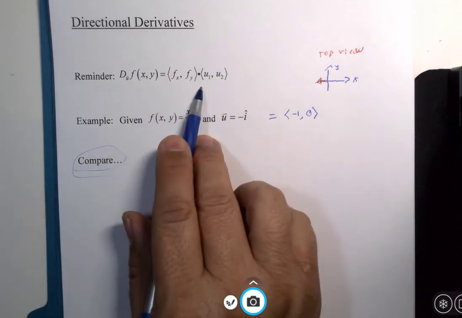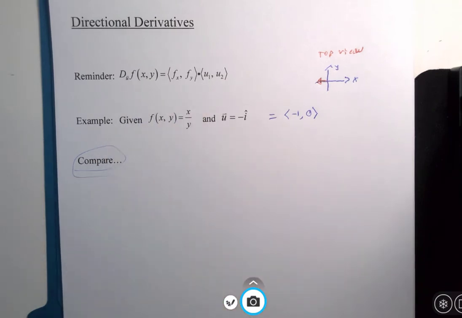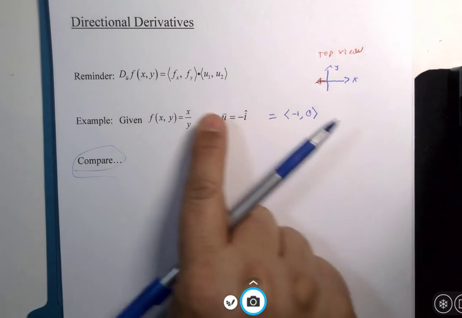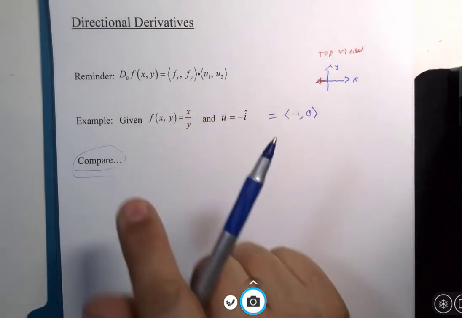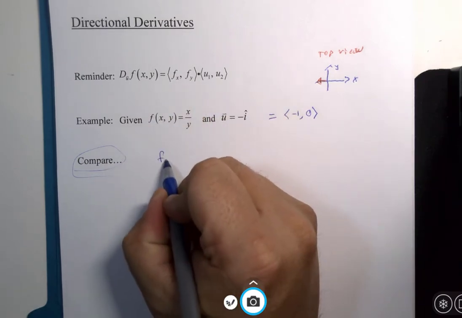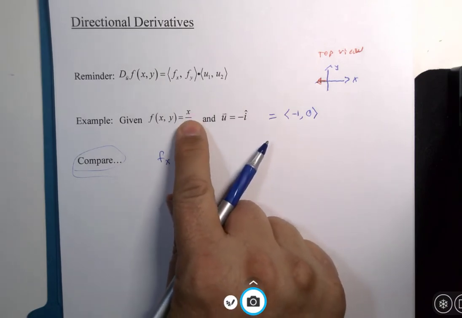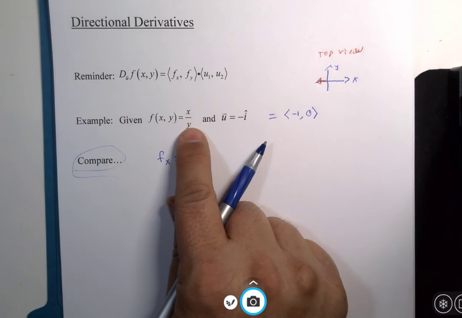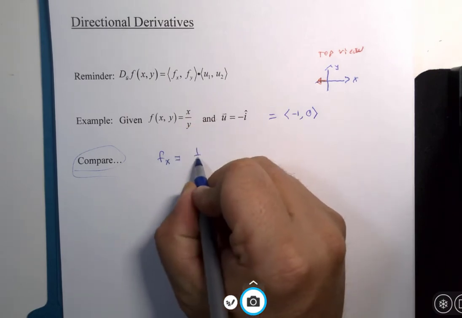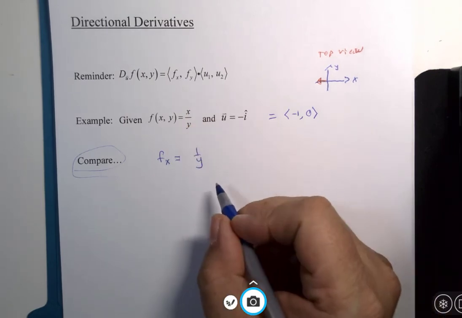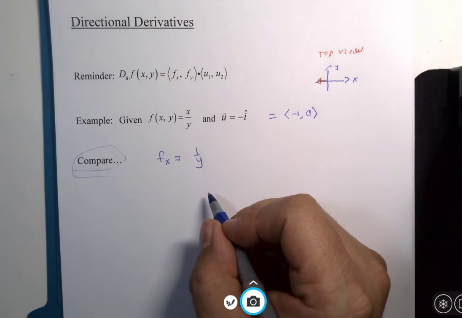So here's our theorem. We do need a unit vector, which we have, and we need two partial derivatives, which we still need to get. The x partial derivative would be, the derivative of x is 1, and this is a constant, 1 over y.